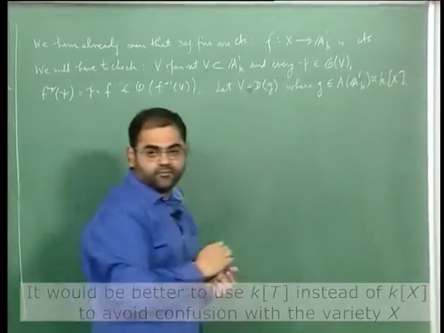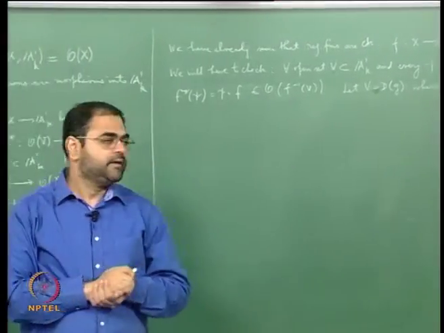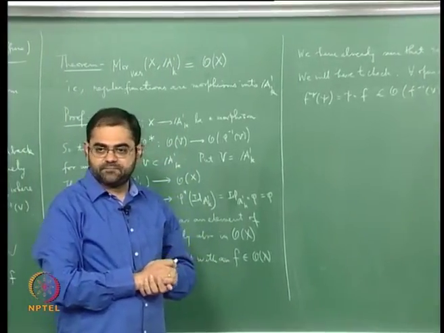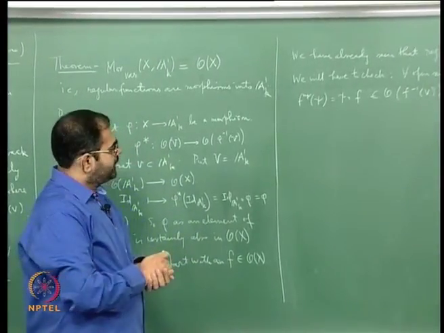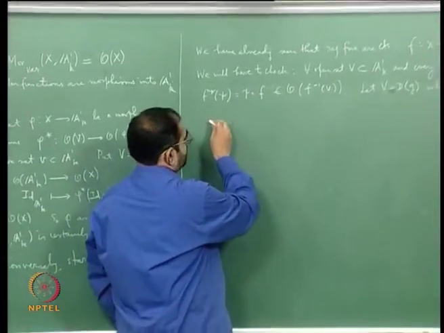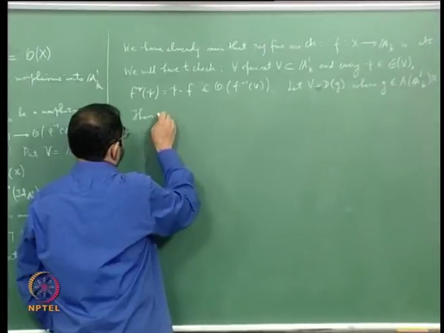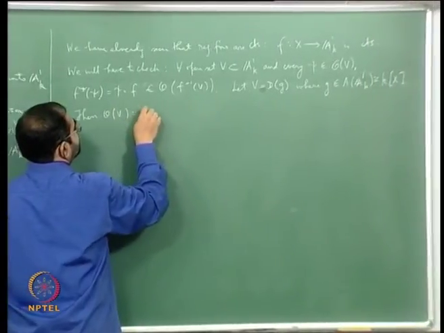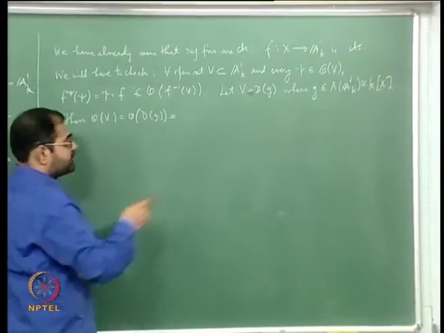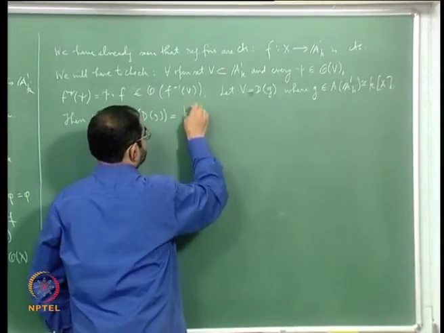G is a polynomial in one variable, and V is D of G, a basic affine open defined by G, right. Then what is O of V? Then O of V will be O of D(G), and what is O of D(G)? Our definition, as we have checked, is just K[x] localized at G.